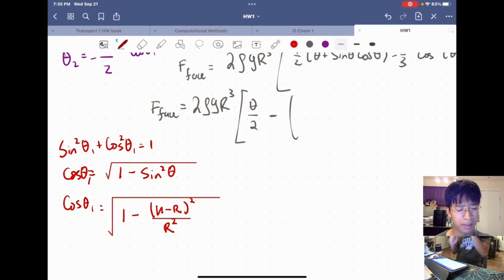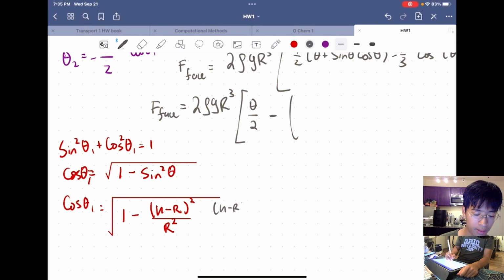Okay, we can simplify this a little. If we expand that out by FOIL, what do we have? h minus r, h minus r, h squared minus 2hr plus r squared is that.